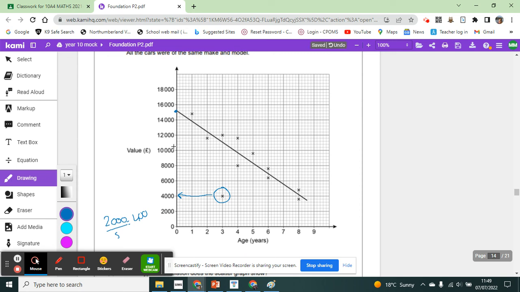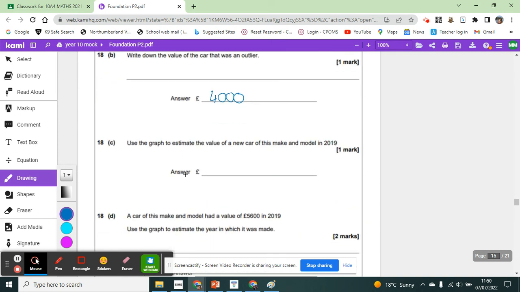So 4, 8. So 14,000 plus 400 plus 400 plus 400. 1, 2, 3 is 15,200. But I think you probably get away with just saying 15,000, but I'm just going to put down the 200.